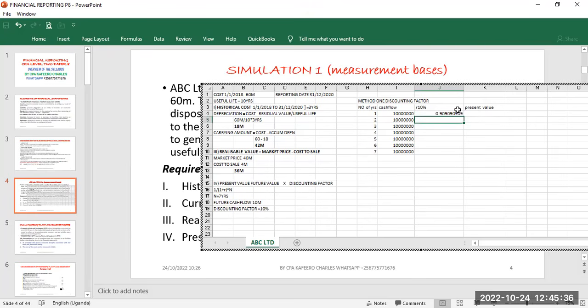And press enter, you will be getting that. But you can reduce them to 3 decimals. Reduce them to 3, maintain the 3.